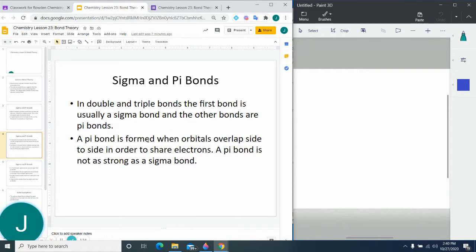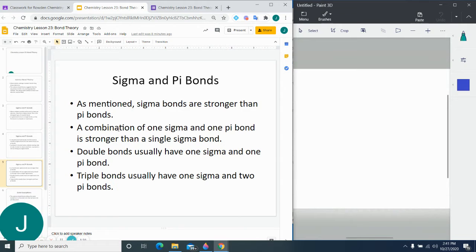Then you have a side-by-side overlap for your double and triple bonds, your second or third bond. These are different. They're weaker connections, and they're called pi bonds. It's not as strong as a sigma bond, but it'll still work out.